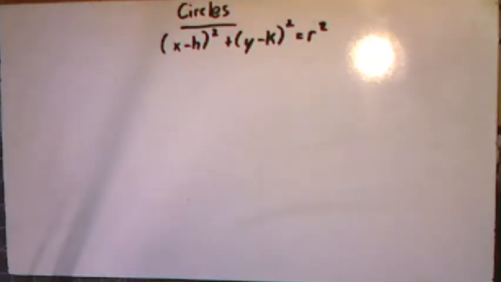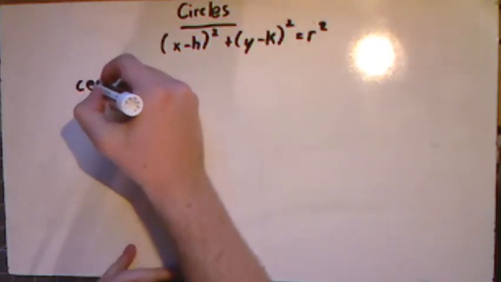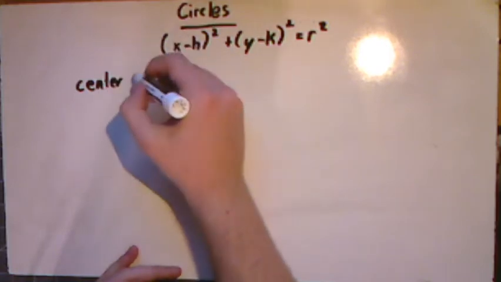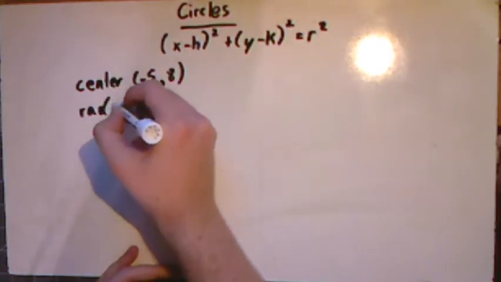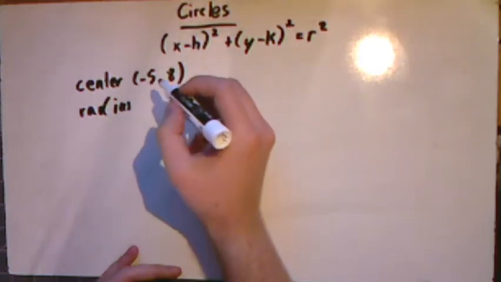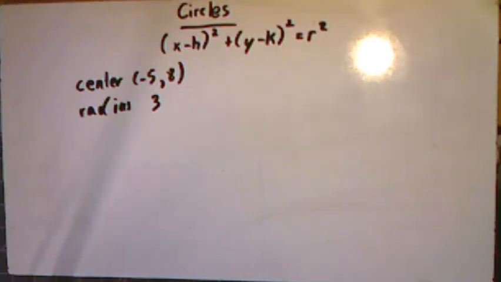So when actually given a specific center and a specific radius, I believe in these slides I end up using a center point that is -5 and 8, and a radius of 3. Well, in this case, we have all the information that we need, and we just plug in.